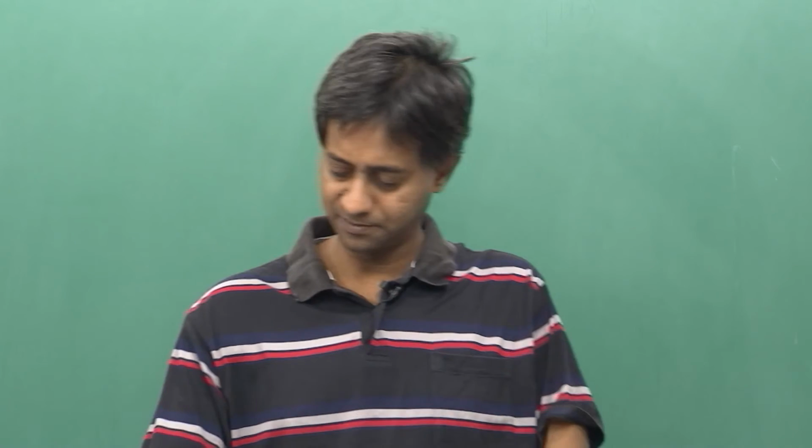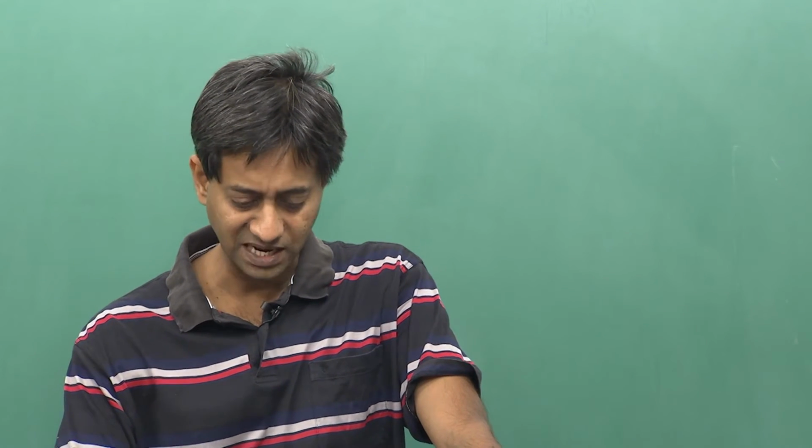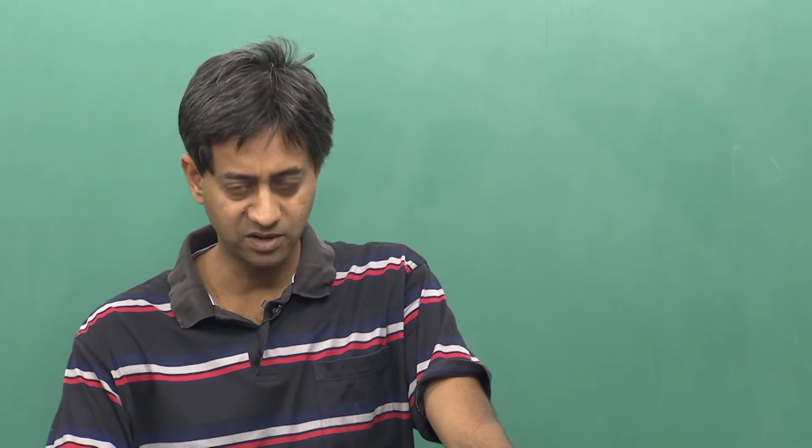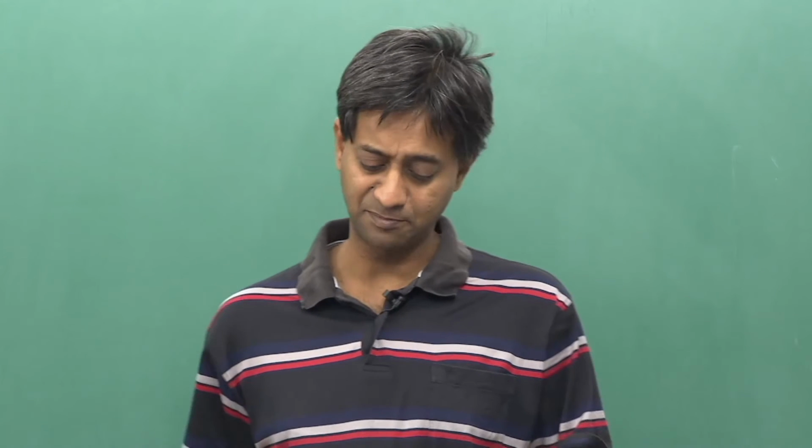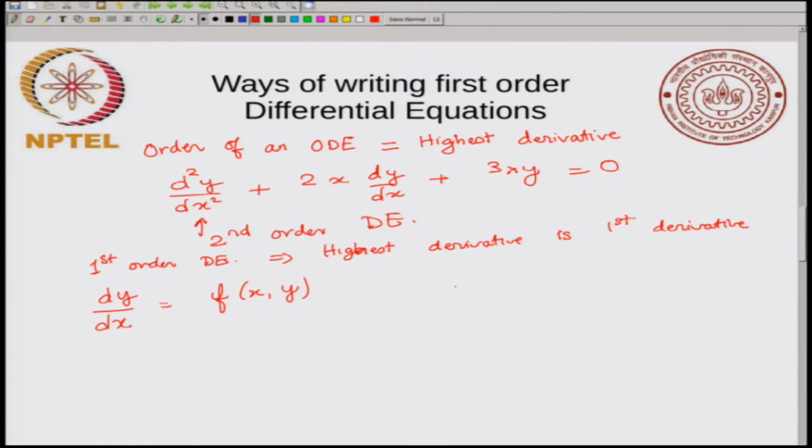You might have a differential equation where you do not write it separately like this. You might write it in this form. So, I will just say some function of x, y and dy by dx equal to 0. So, this is another way of writing differential equations.